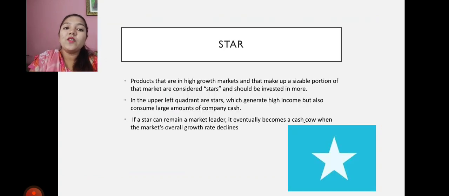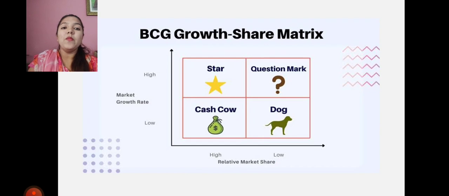Star is a product in a high growth market with a sizable proportion of market share, so we have to invest in the star as per the diagram. If we are positioning in the star product, then we have to invest and hold the product.